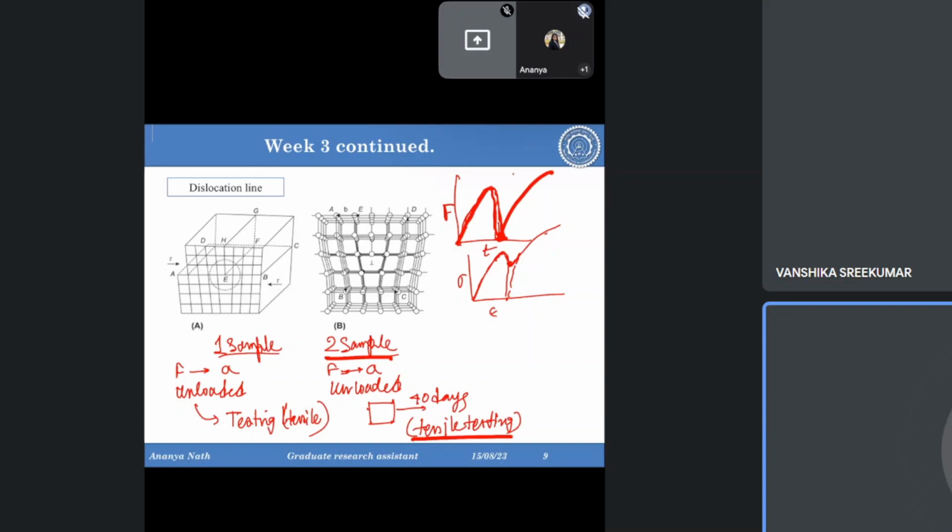What is the reason behind it? Like as the velocity of the dislocation increases, the stress between these dislocations increases. So these dislocations find it difficult to move. That's what is happening, right?